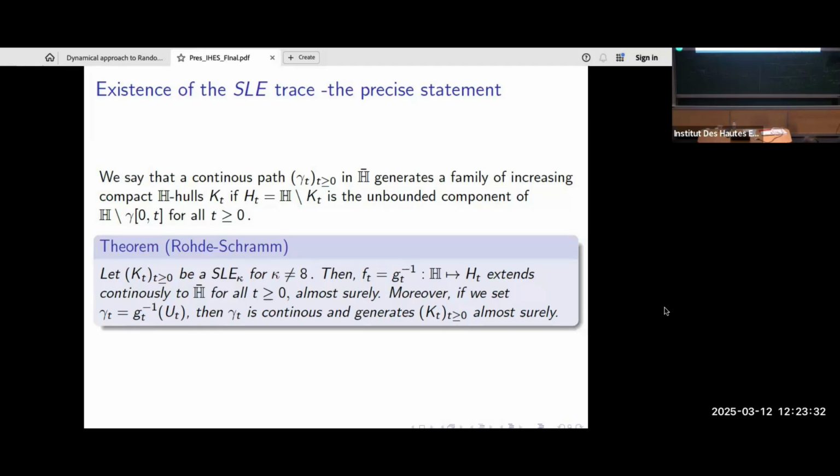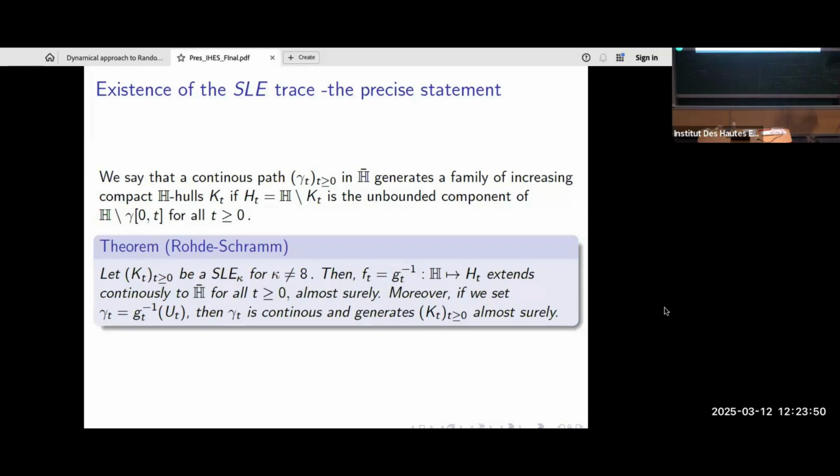One of the main ideas here is that you can talk about the existence of this limit and this continuity in time almost surely, and moreover, these curves have different behavior. We're going to see in a second what I mean by generating the hull.